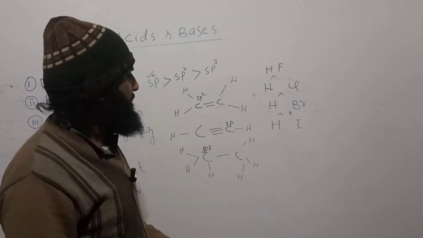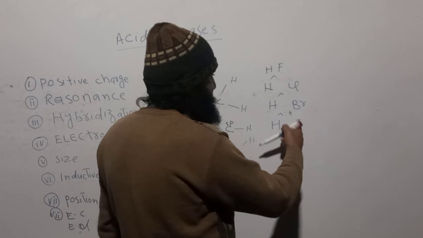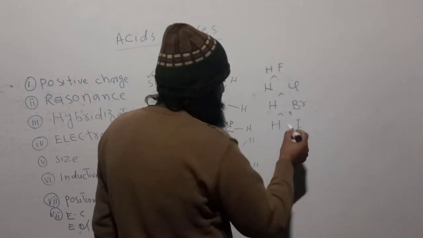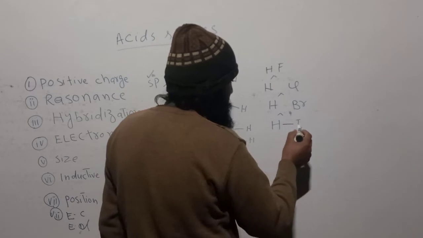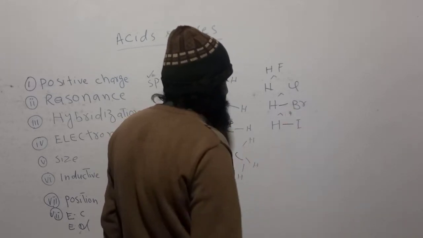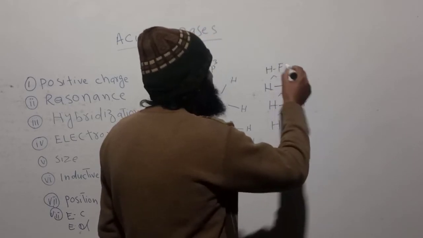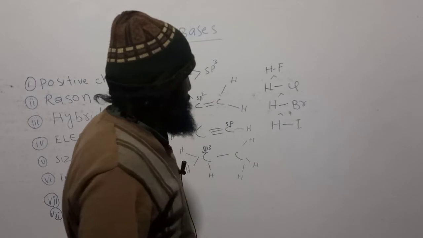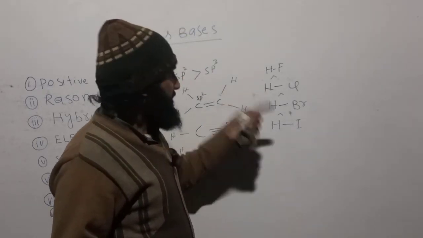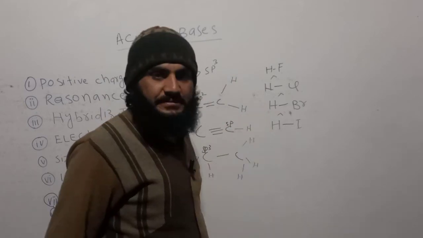So you can see here the electronegativity of iodine is less than bromine, which is less than chlorine, which is less than fluorine. It means this bond is weaker. The hydrogen iodine bond is weaker than the hydrogen bromine bond, which is weaker than the HCl bond, and which is weaker than the fluorine hydrogen bond. So the chance of breaking of the bond of HF is lower than HCl, which is lower than HBr, which is lower than HI.